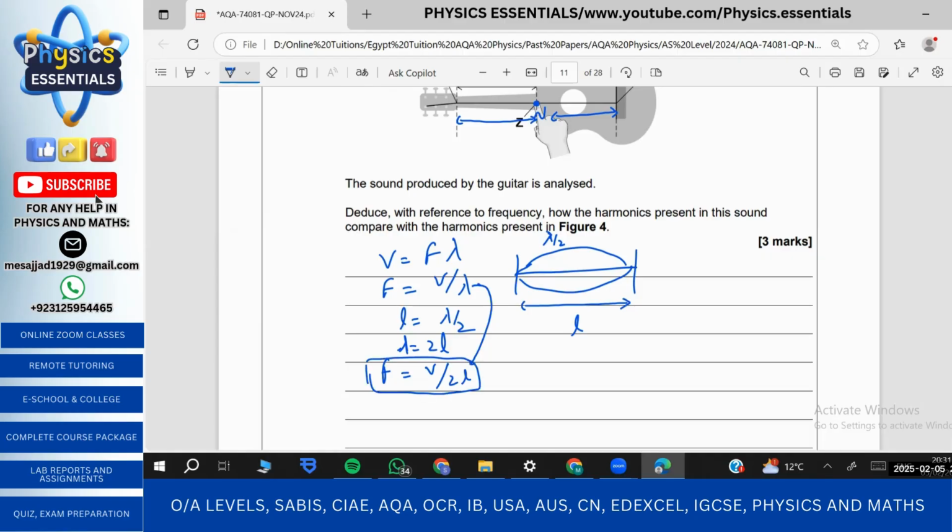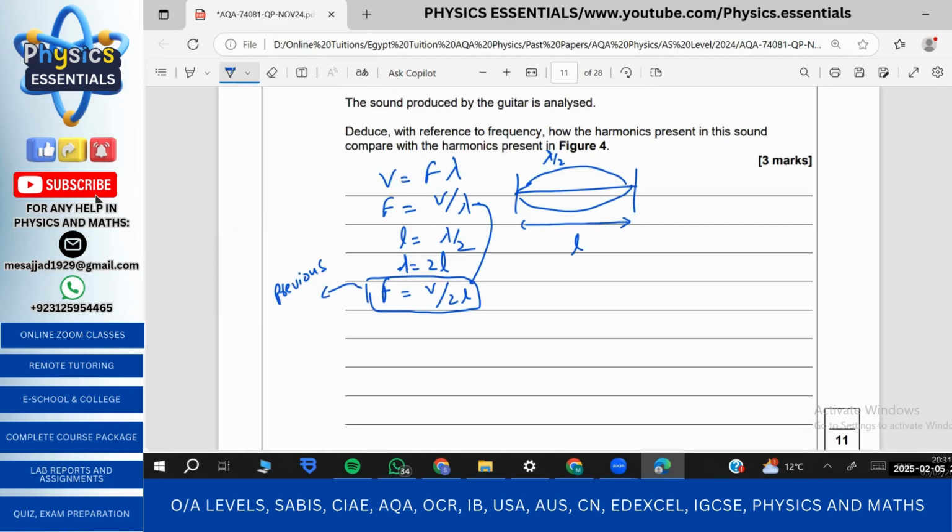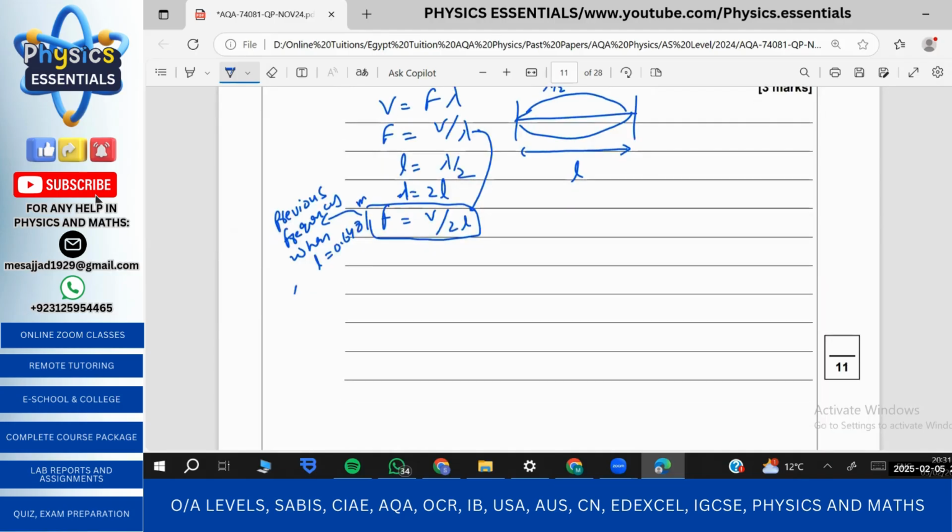Now this was for your previous case, when you had the previous frequency, when your length was 0.648 meters. Now what have you done? Now the length is halved. How? 0.648 is reduced to 0.324. So that means we know that F is inversely proportional to length.